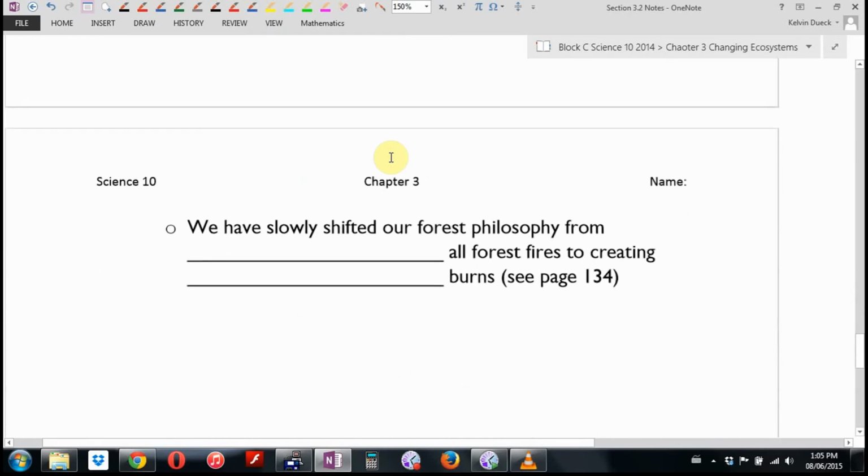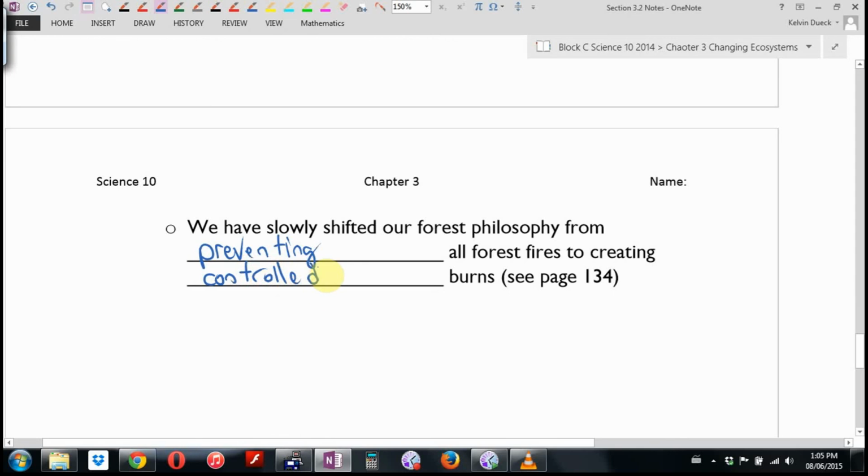So as an example, and I mentioned this earlier, we've slowly shifted our forest philosophy from preventing all forest fires to creating controlled burns.